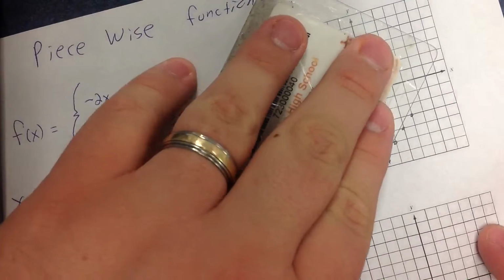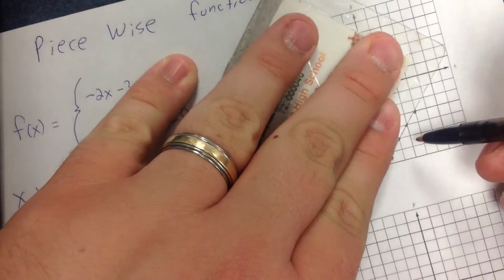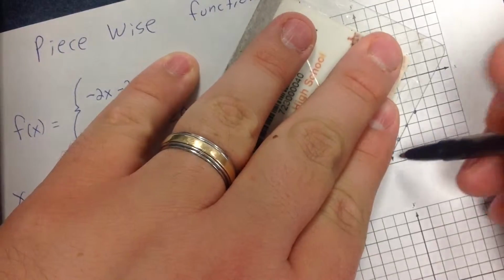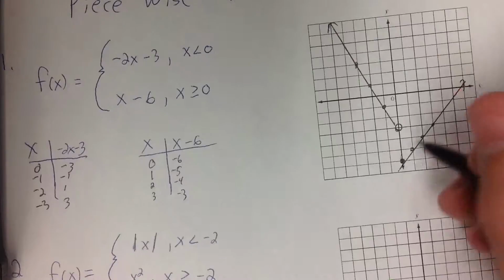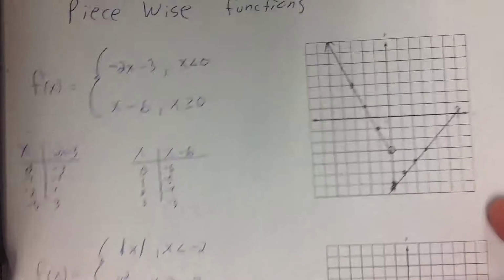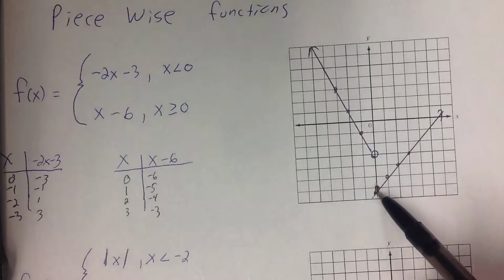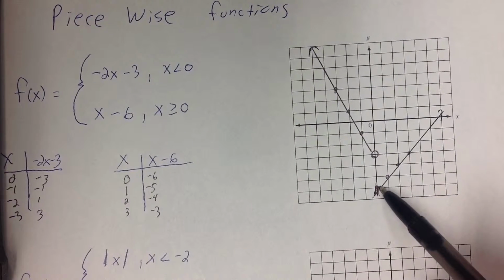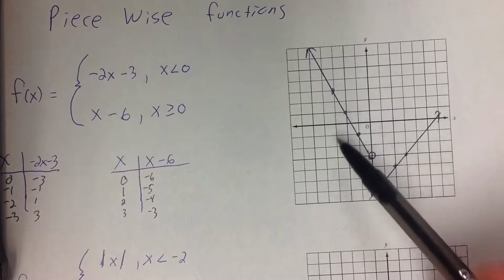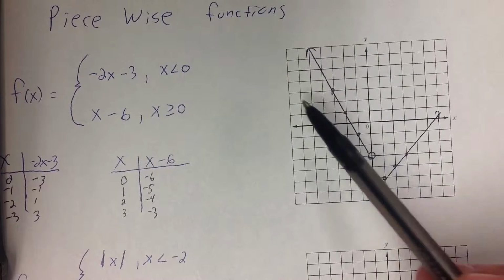So again, it's basically two different graphs on one because it follows two different functions. Started here at negative 6 and went up. I shouldn't have drawn the line down here, so it should have stopped here, went up, and then same thing here, it stopped here and then went up that way.